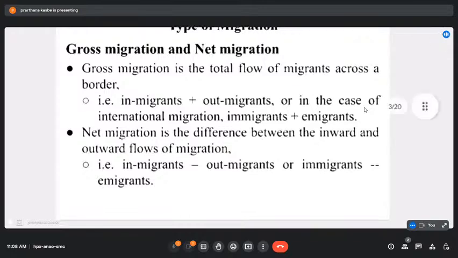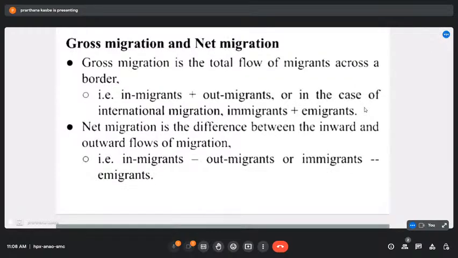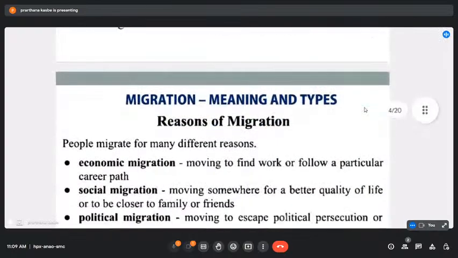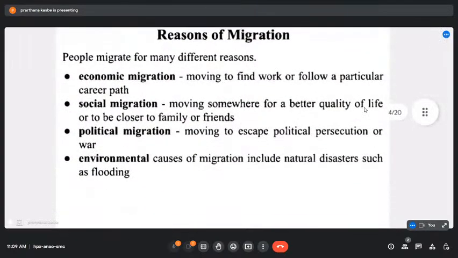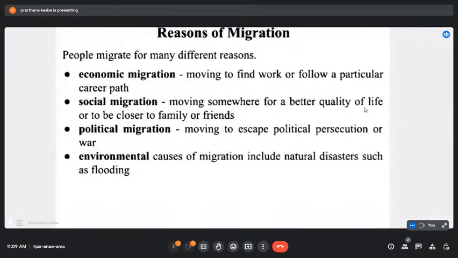So the difference between the inward flow and outward flow is called net migration. For example, in-migrants minus out-migrants, that is net migration.